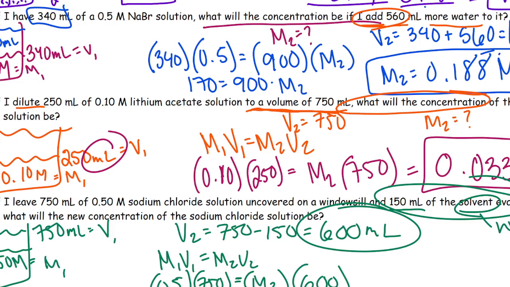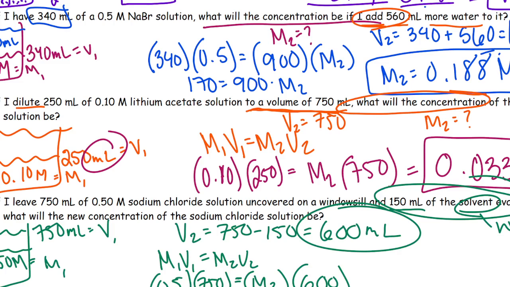So the same amount of salt is now dissolved in less water. Does that make it more concentrated or less concentrated? More concentrated. So we would expect that our new concentration number should be higher or lower than our original number?